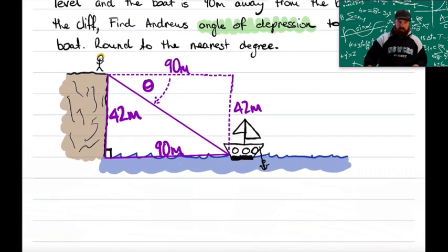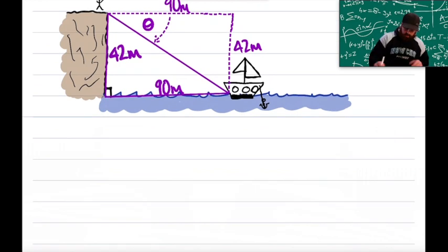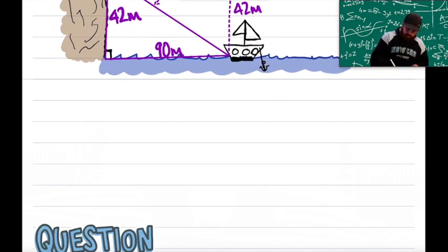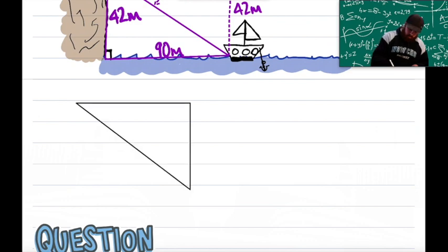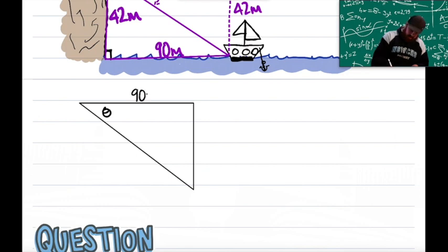So redrawing that so it's a bit neater, the triangle that I'm dealing with, that's fine there, with theta there, it's 90 meters across the top and 42 meters down the side. Now I can start identifying my information. Obviously, sorry guys, forgot my right angle is going to be in there. But so identifying information, 42 is the opposite side, 90 is the adjacent.